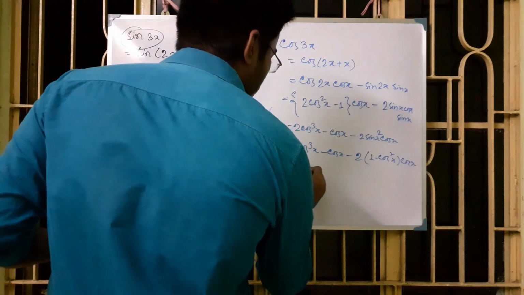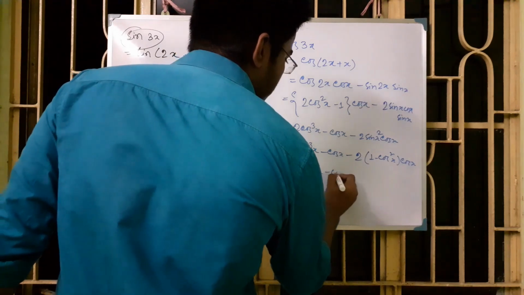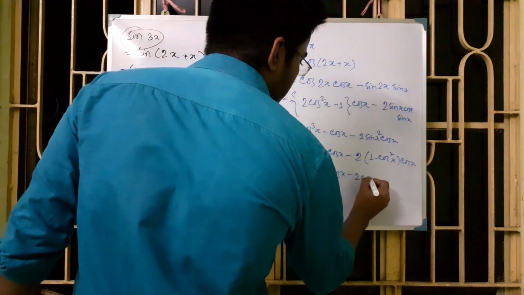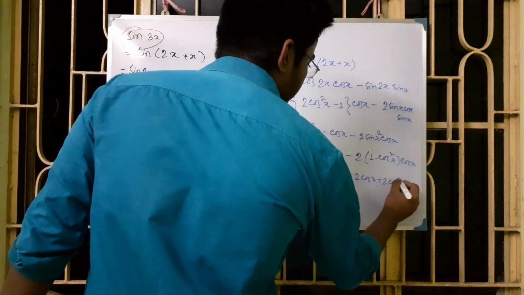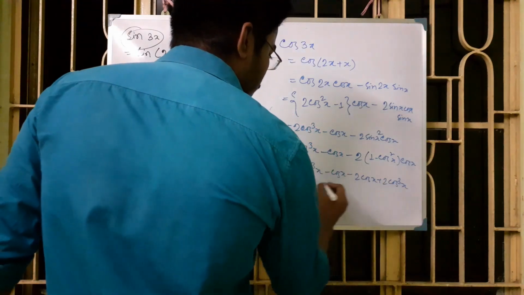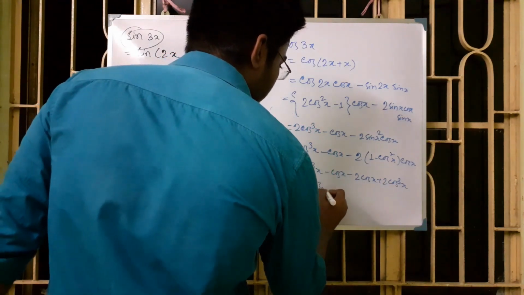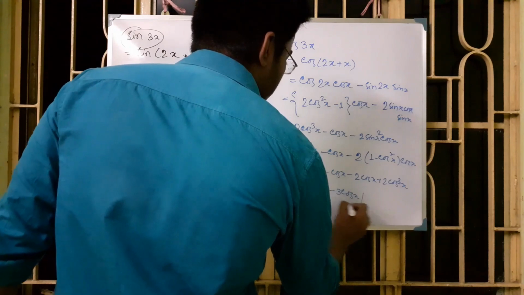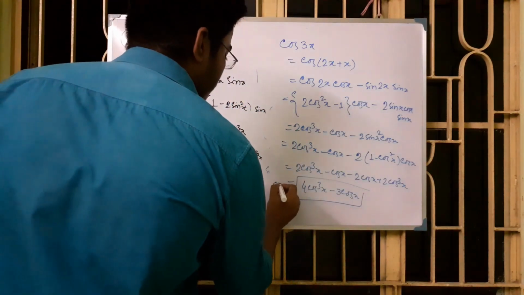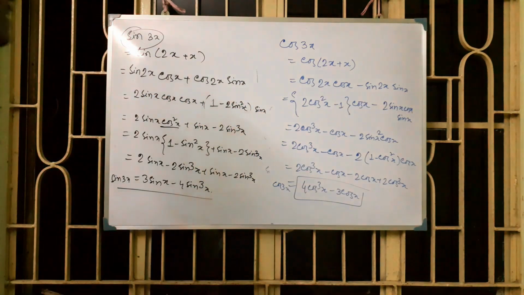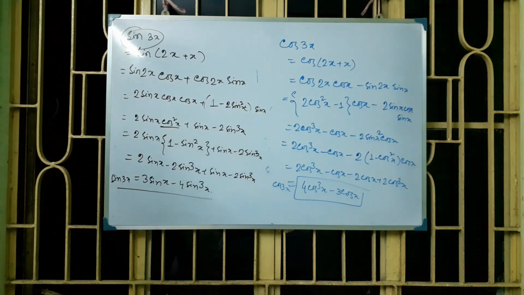So 2 cos cube x minus cos x minus 2 cos x plus 2 cos cube x, that is 4 cos cube x minus 3 cos x. Okay. In this way you can find cos 3x and sin 3x. This is the way to solve sin 3x and cos 3x.